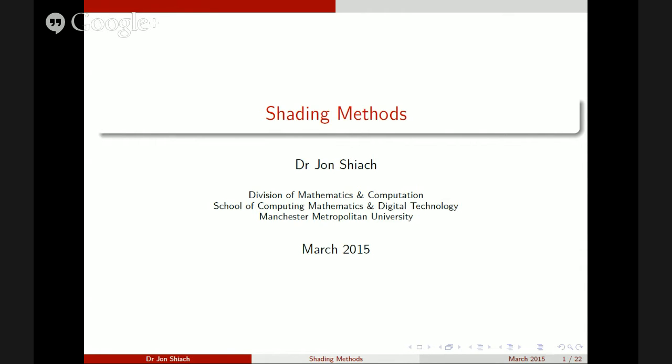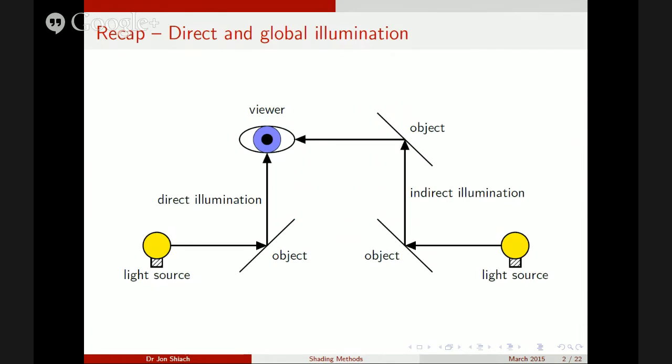Right, so shading methods, this essentially carries straight on from what we did on Friday. Just to recap, in case you had a hard weekend: Friday we looked at a direct illumination model. There are two general types of ways to do lighting in graphics.